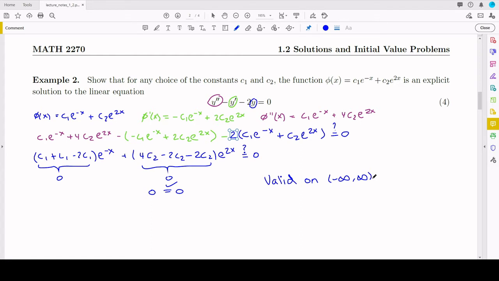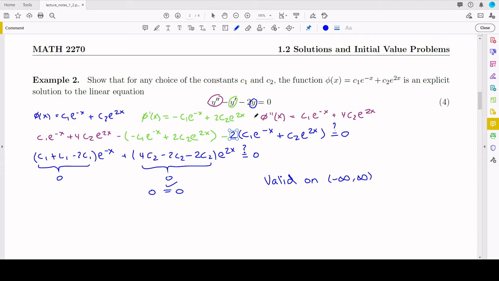So what this problem illustrates is that we don't just have one solution for this problem, but because c1 and c2 can be anything, we can choose c1 to be 3 and c2 to be negative pi. We have infinitely many solutions to this differential equation.